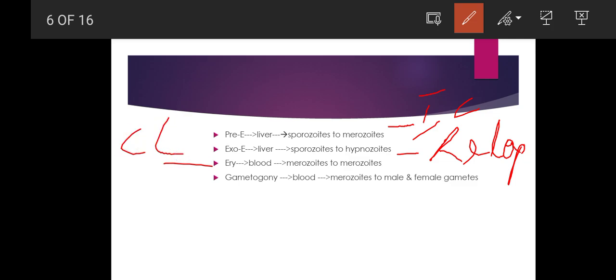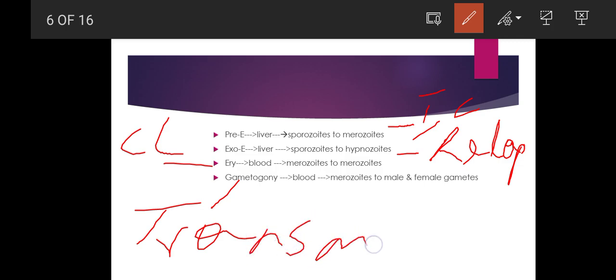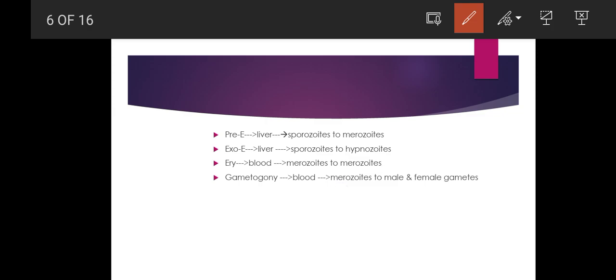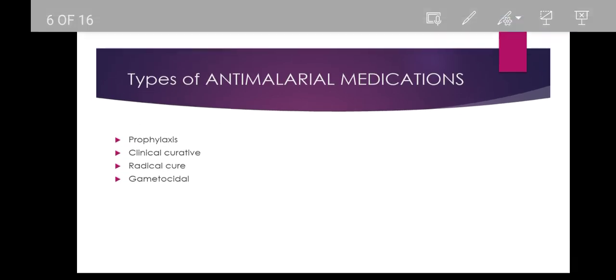While the gametogonic phase, which takes place in blood, will be responsible for transmission of the parasite. So that was a summary of the different phases of the life cycle of the plasmodium parasite.